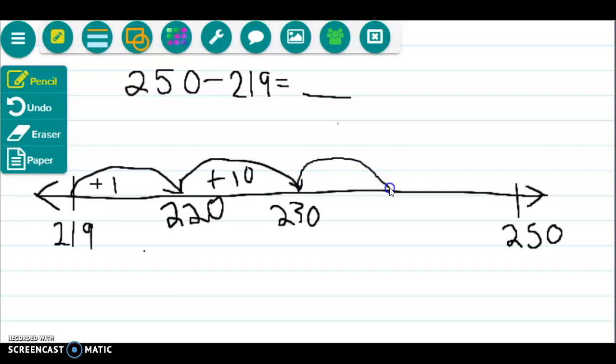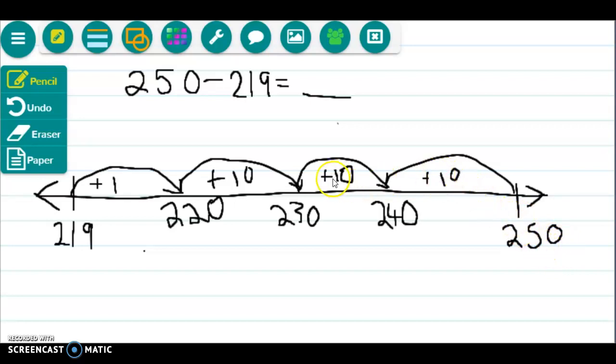We're going to add another 10. 230 plus 10 equals 240. And we're almost there. 240 plus another 10 equals 250.